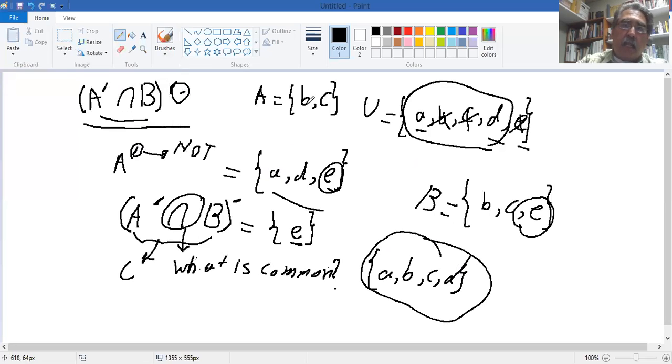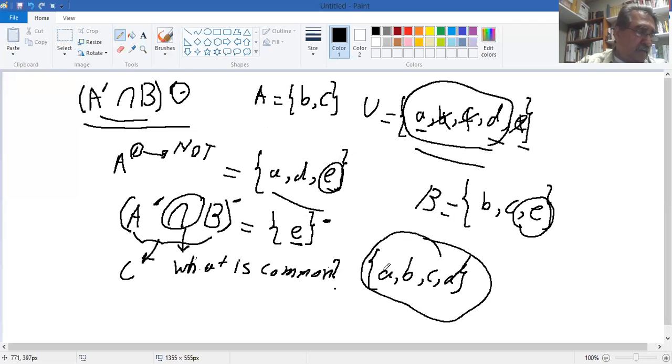A has B and C. Looking at the universal set, what is not in A is A, D, and E. Then find the intersection of A naught with B. What is common between both of them is only E. Then make that prime. You go to the universal set, cross E, and you want the rest: A, B, C, and D.